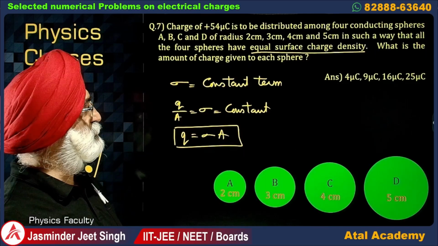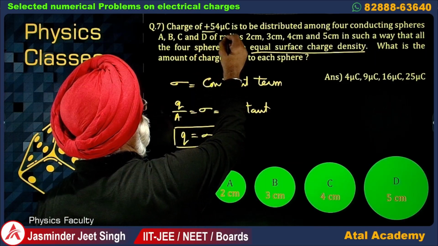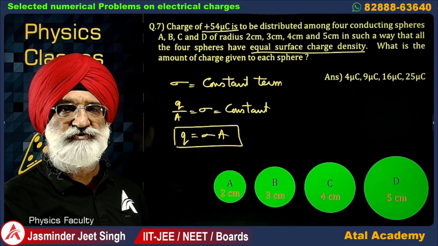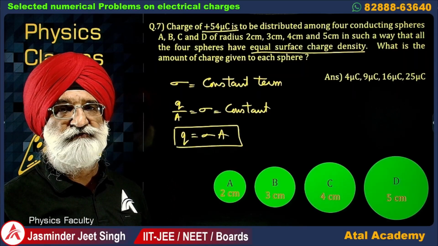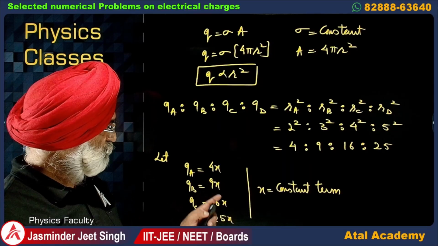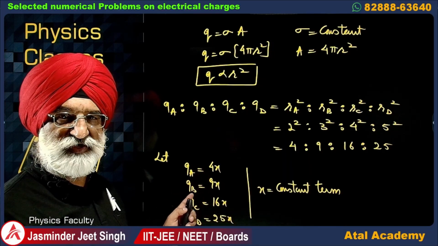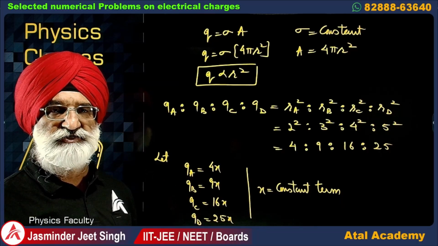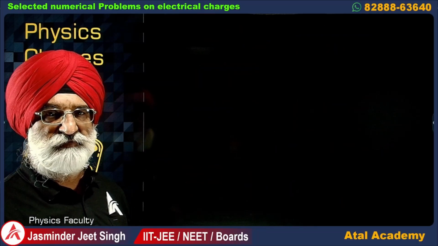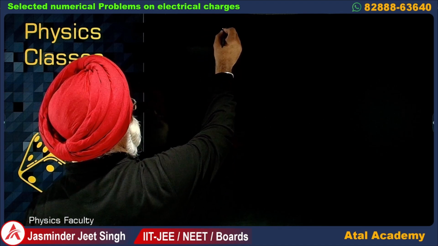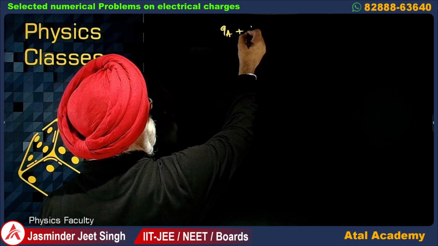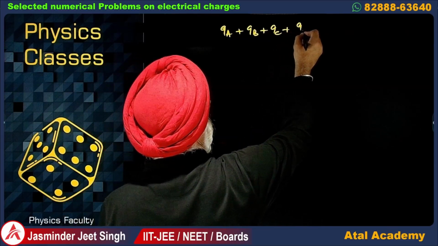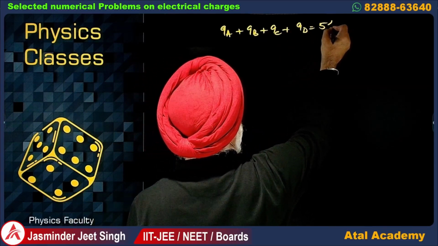And it is given to us that the total charge should be equal to 54 microcoulomb. It means that the sum of the 4 charges will be equal to 54 microcoulomb. If you add up all the four charges, QA plus QB plus QC plus QD, the sum of the four charges will be 54 microcoulomb.